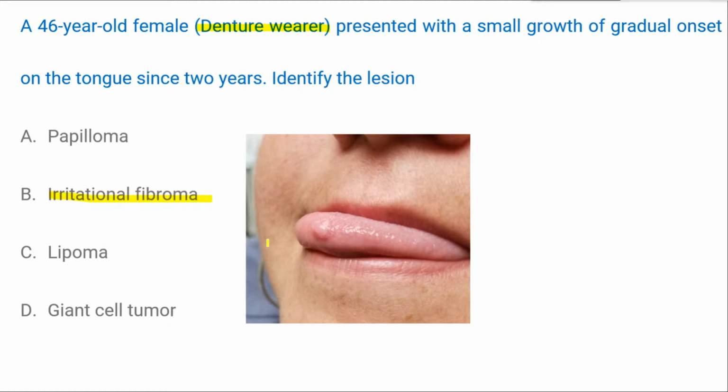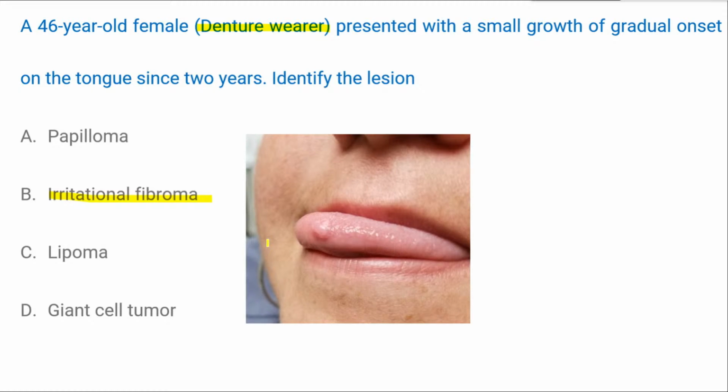For irritation fibroma, you have irritation as a background, such as some kind of denture, tooth, filling, or part of a prosthesis like a clasp. For the others, you don't even have any trigger, because their etiologies are different.